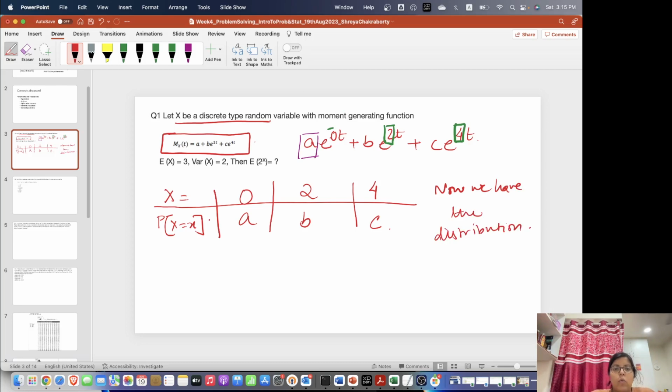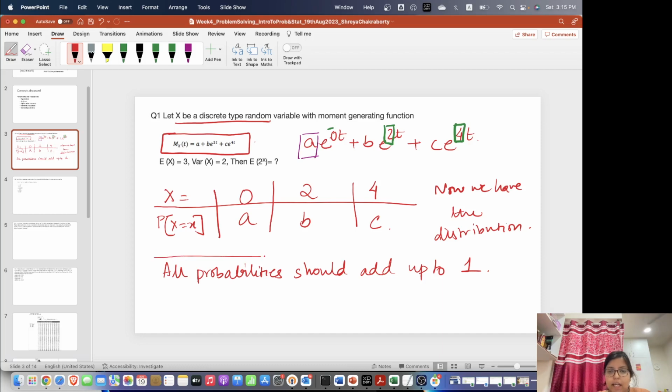Now we don't know the values of a, b and c. So since these are probabilities, one equation is all probabilities should add up to 1. This we should keep in mind in case of a discrete probability distribution.